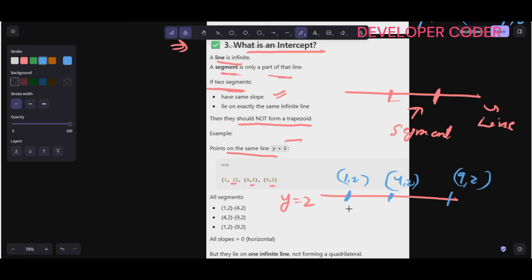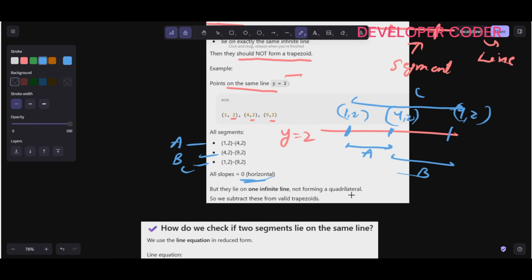So 1 2 4 2, let's say this is line A; 4 2 9 2, let's say this is line B; and 1 2 9 2, let's say this is line C. All slopes are 0, that simply means horizontal. This we already know. When slope is 0, it is horizontal, but they lie on one infinite line. They will not form a quadrilateral. So we subtract these from the valid trapezoids. Definitely we have to subtract these.